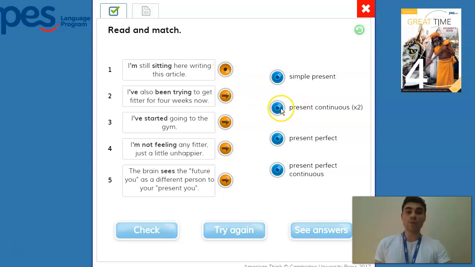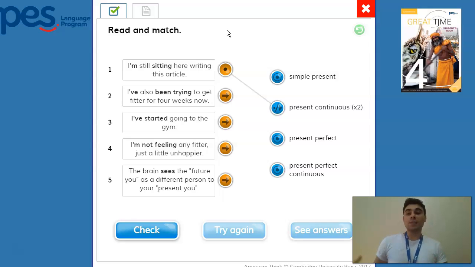So let's check this over here. But I told you before that we have 2 ways of looking at this sentence. One through the form, and now the other one through the meaning, right? And they actually are always combined. We always need to match form and meaning. So here, what is the meaning of the sentence? So she affirms over here that she is still sitting here writing this article.